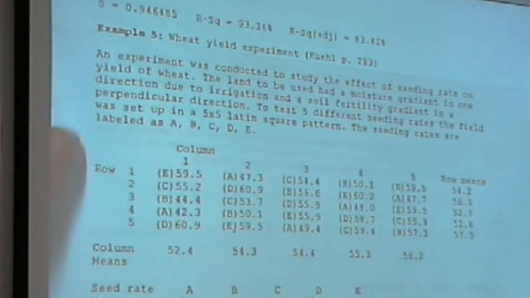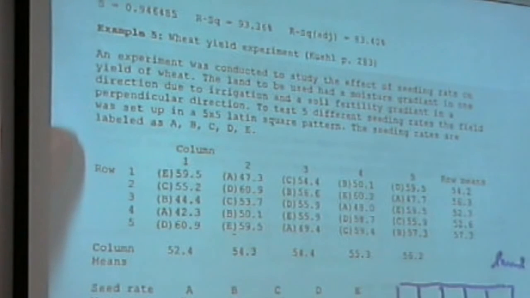So the idea would be that we have 5 different seeding rates. So let's suppose we would make 5 blocks. This is the land viewed from a bird's eye. So there's 5 blocks of land.